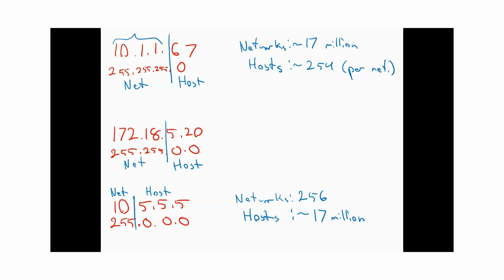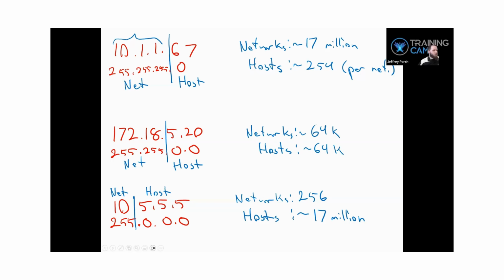With our example in the middle being, as in the middle as exponential math can be, roughly 64,000 networks of roughly 64,000 hosts each. So when you're talking about why we would use one mask versus another, it's largely due to this.